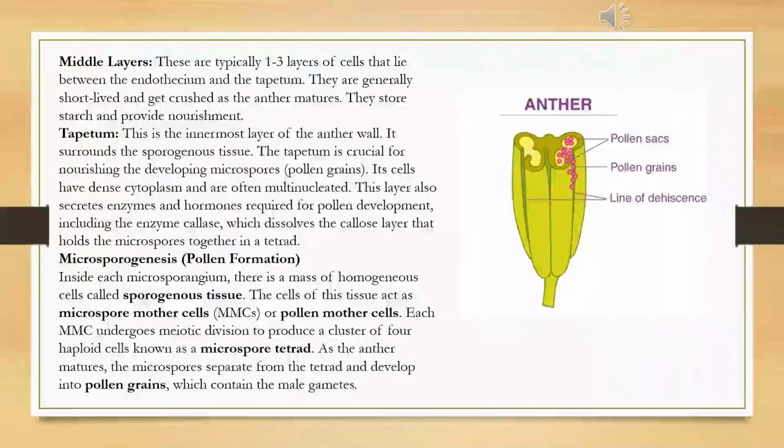The next is the tapetum. It is the innermost layer of the anther wall. It surrounds the sporogenous tissue. The tapetum is crucial for nourishing the developing microspores, called the pollen grains. Its cells have dense cytoplasm and are often multinucleated.